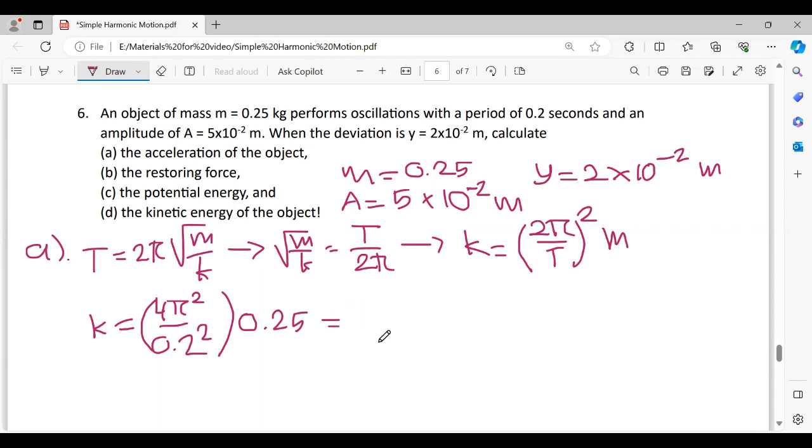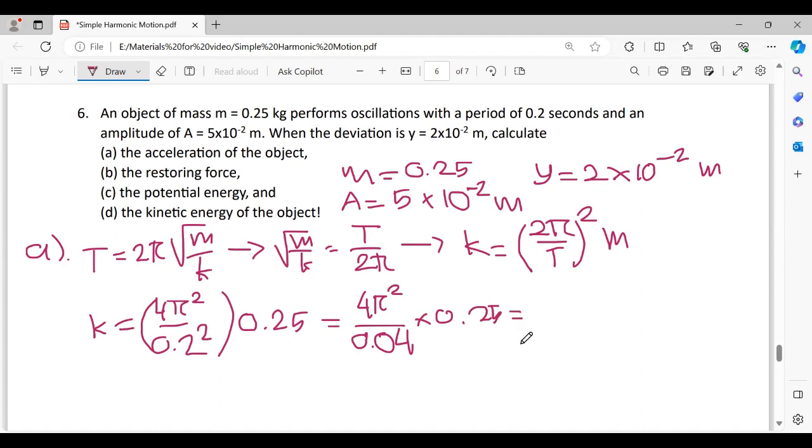Then we calculate 4 pi squared over 0.04 times 0.25.